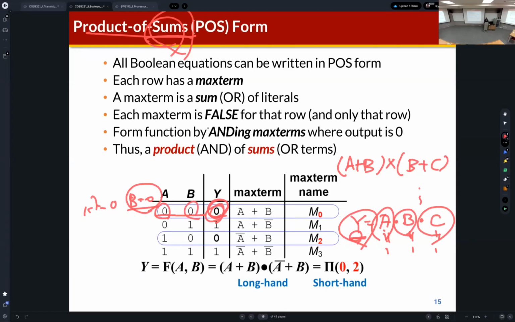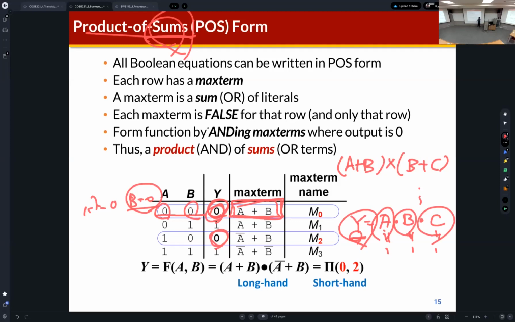So this max term is a plus b, right? And then we can find another row that can make y 0 here. Which means that a is 1 and b is 0. Then for this max term, in order to make y 0, right?